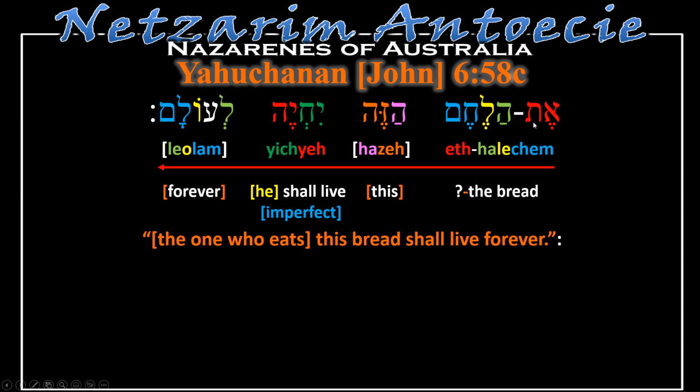Et, which is grammar marker, ha lechem, the bread, ha ze, this, so this bread, yichyeh, he shall live, that's an imperfect form, that's what shall, le'olam, forever. And therefore the translation, the one who eats this bread shall live forever.